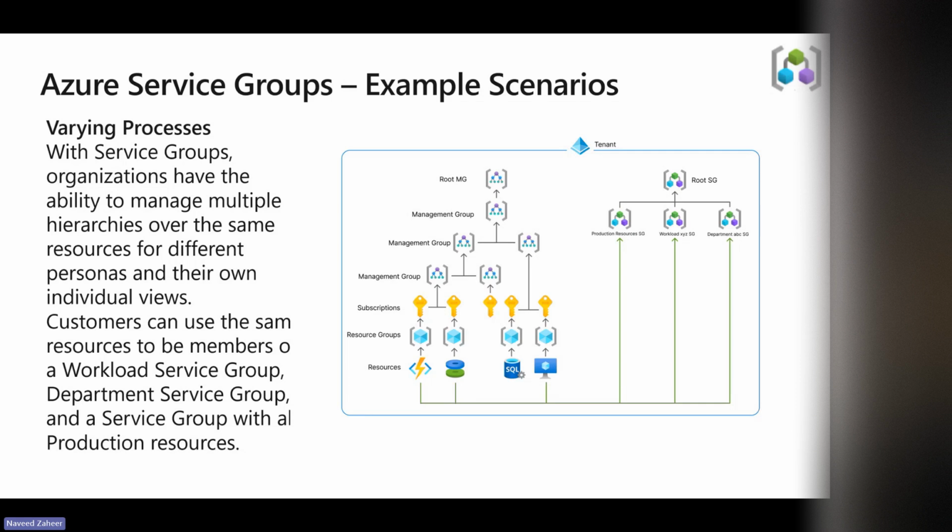So this is a hierarchy that you can create in a flexible way, because a subscription can have resources, but on the other hand, their resources may spread across multiple subscriptions. Since service groups can have resources from different subscriptions, that gives you more flexibility.